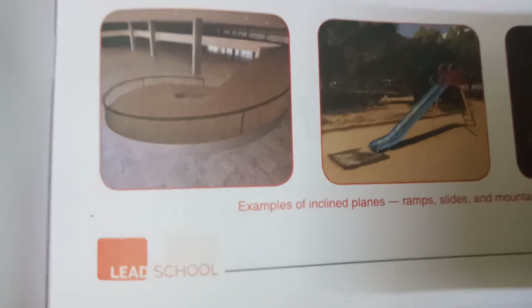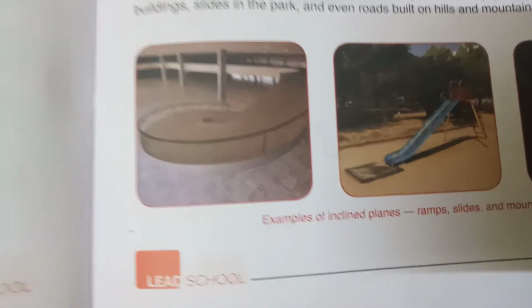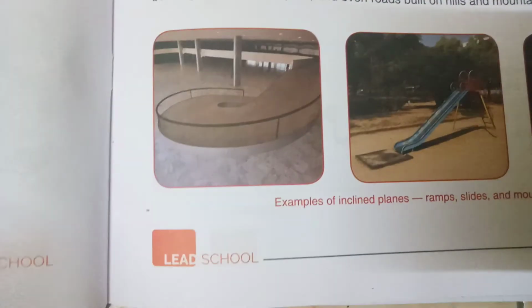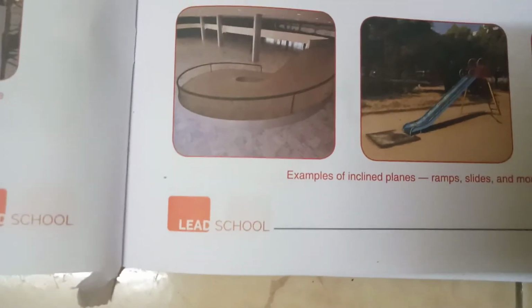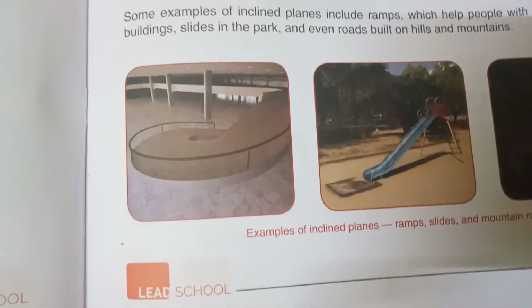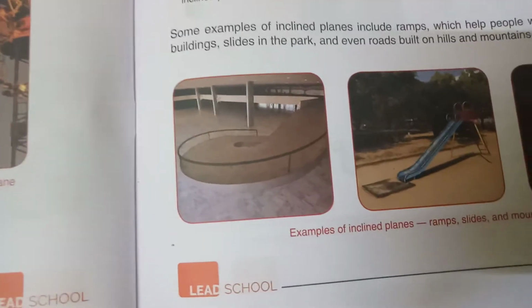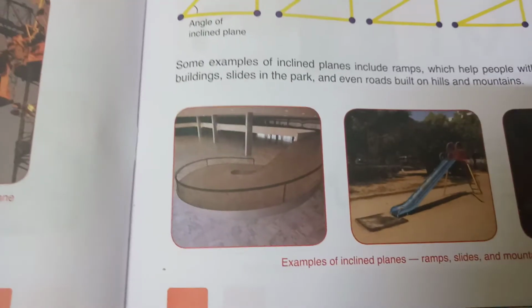Similarly, if people have disabilities and go in a wheelchair, they cannot move on steps. So for them in hospitals, slopes are there. Even in some of the railway stations, they have kept slopes like that.